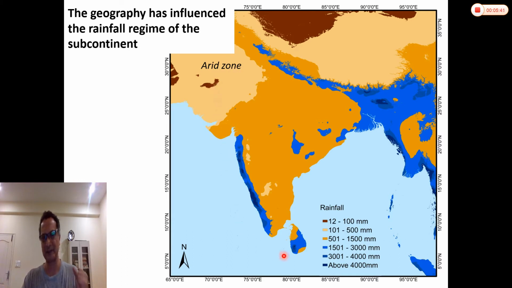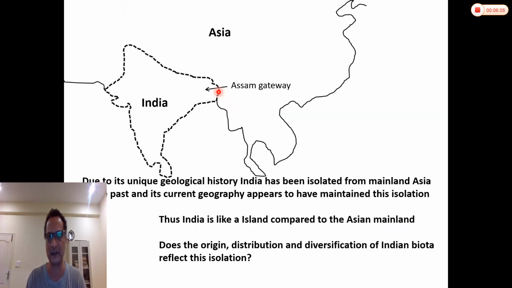So India sort of, after collision, much after collision though, India sort of remained an island. That's the way I look at it, right? But how did this idea come to me that maybe India was an island? This was after we built many phylogenies, and I'll come back to that in a bit. But now let us talk about what is so special about islands.